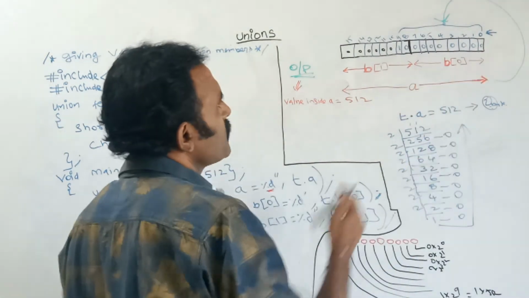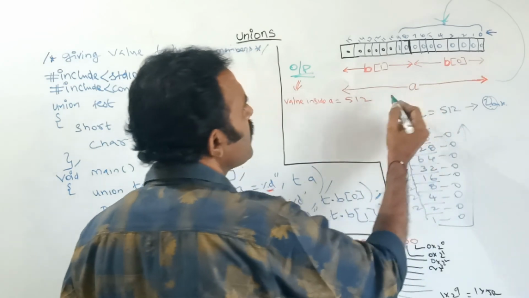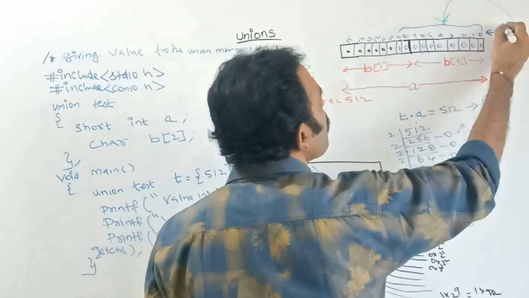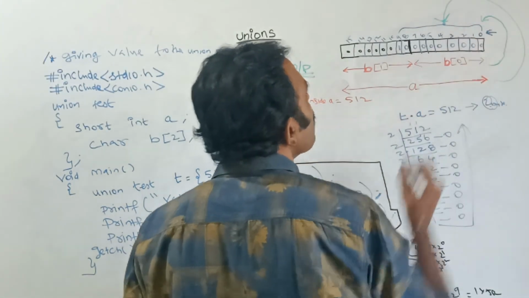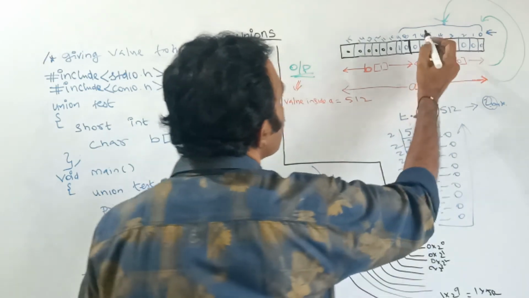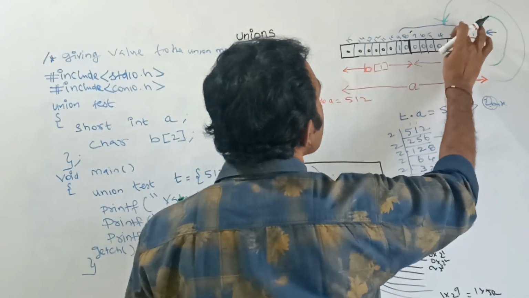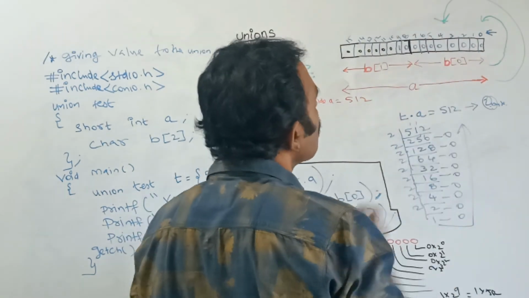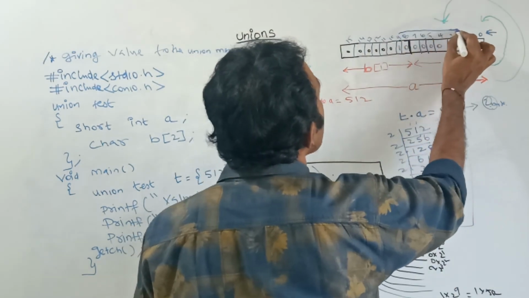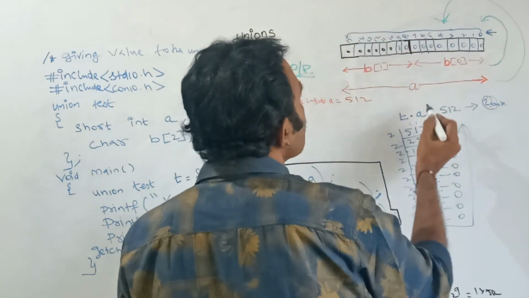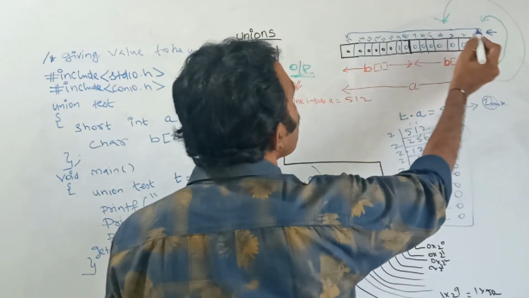So here the position value will be like this. I am telling about the B. For this B value, it will be considered as 8 bytes. Here this is for A. This is for T.A.